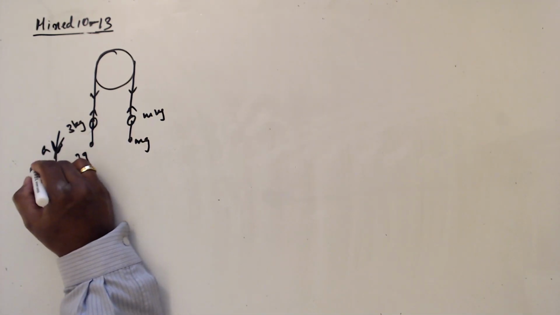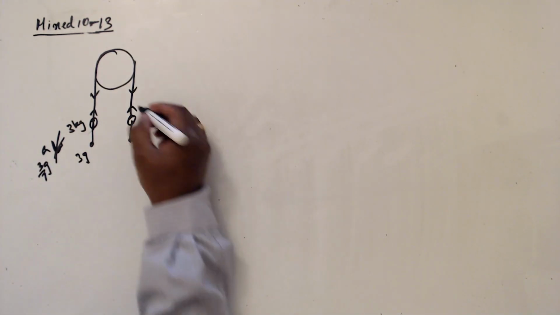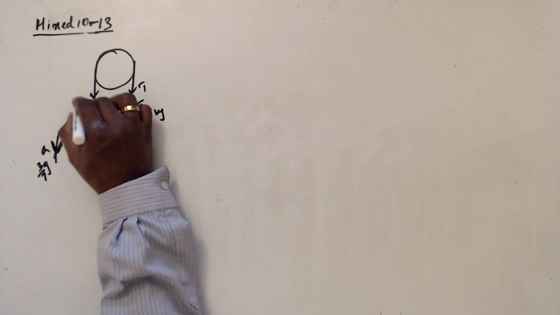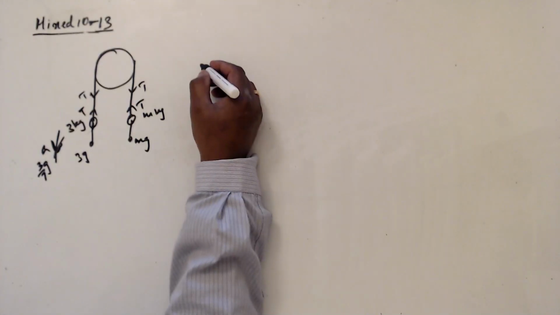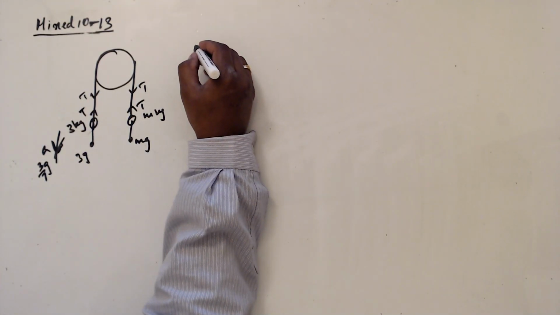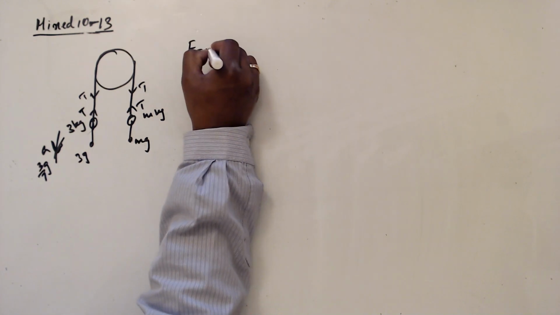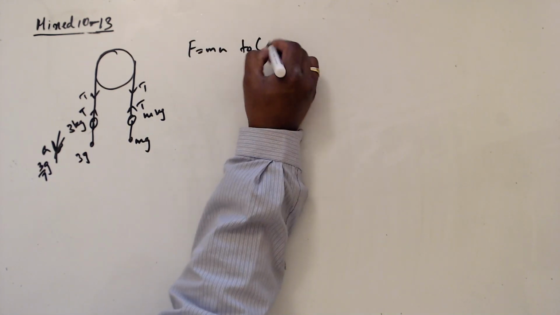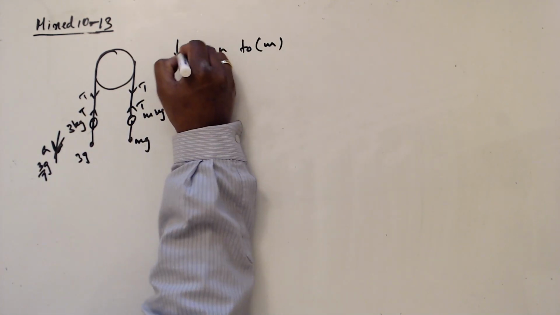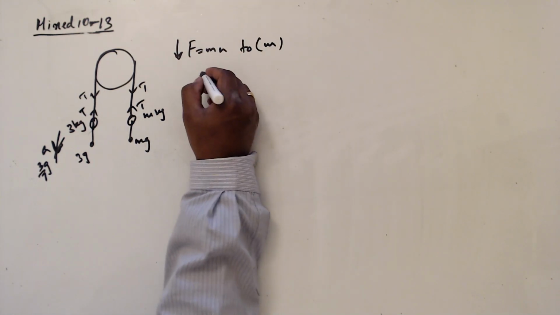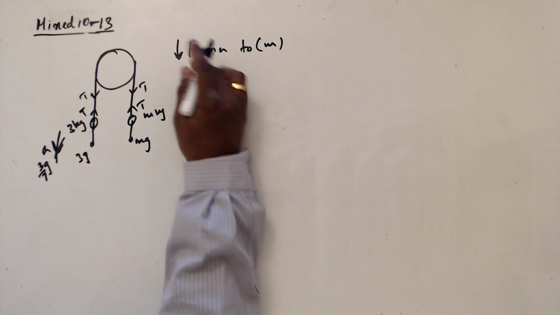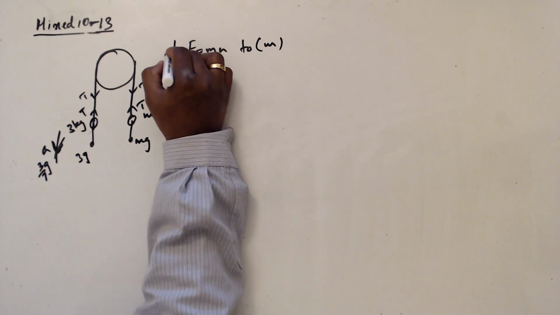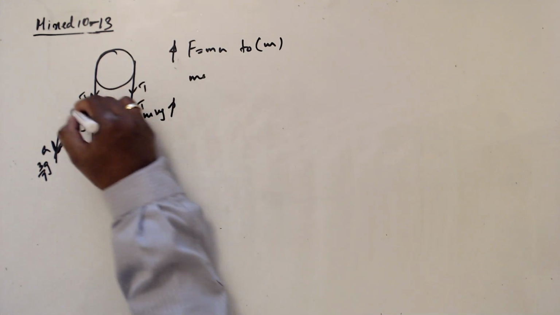The acceleration is also given as 3 over 7 g. So we'll mark the tension as T and start writing the equations. F equals ma. We'll put it the other way around because it is going upward and this is downward.